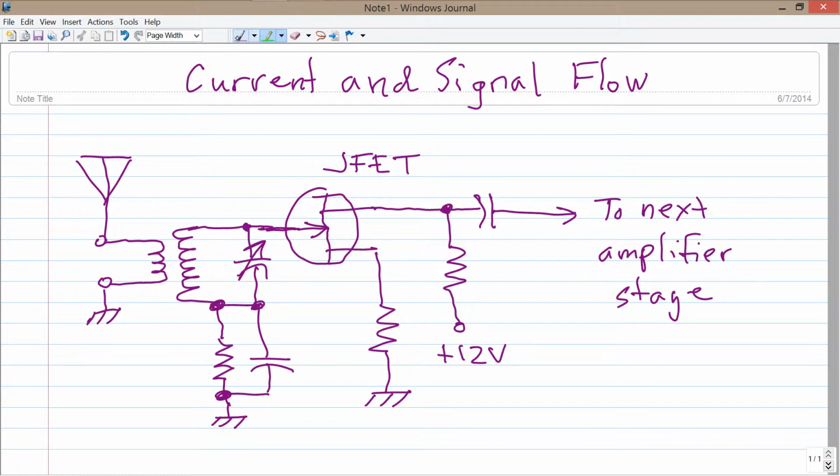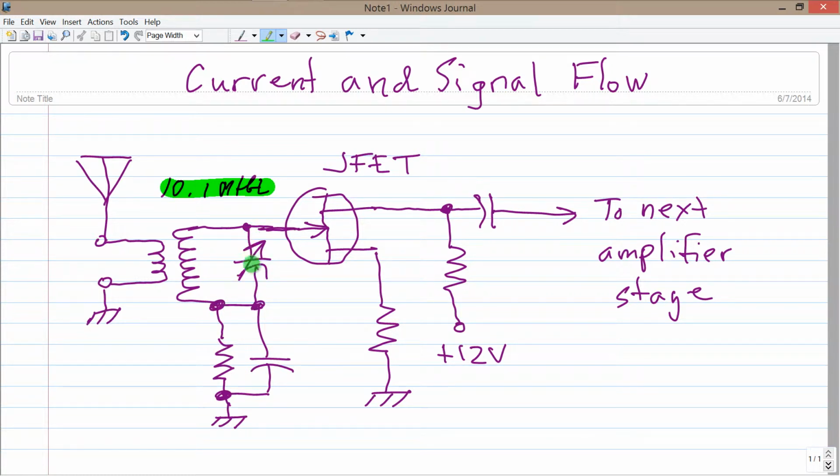Say that maybe we have an amateur radio setup and we want to operate on 10.1 megahertz, something like that. So we tune this circuit so that it optimizes the signal as it comes in at 10 megahertz. It sort of reverberates. It causes the circuit to prefer this 10.1 megahertz frequency.